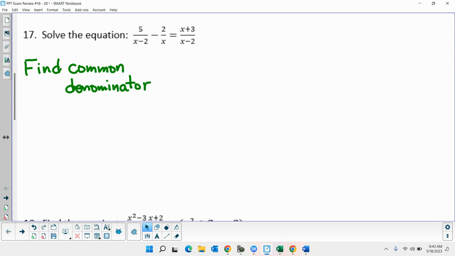How do you use the common denominator to get rid of the fractions? What do you do? Well, kind of. We multiply the whole equation by the common denominator. That will eliminate the fractions for you. So that's what you're going to do. So go ahead and do that. See if you can get it.